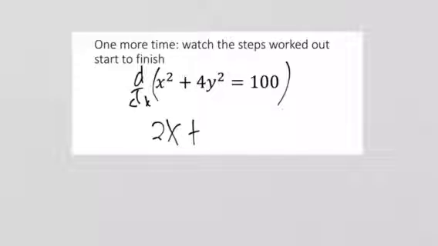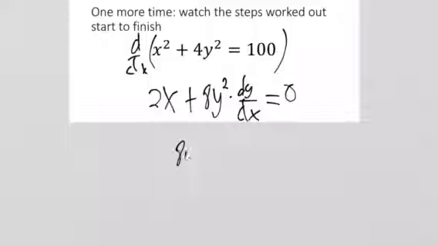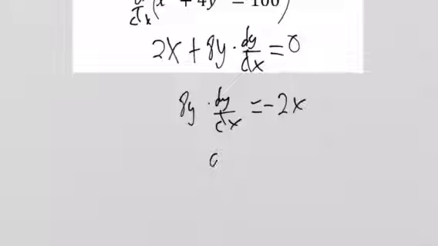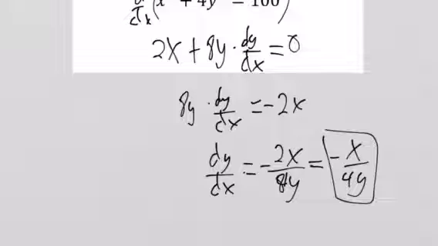The derivative of 4y squared is 8y times the derivative of y with respect to x by the chain rule, and that's equal to the derivative of 100, which is 0. Now, 8y times dy dx equals negative 2x. Okay, dy dx equals negative 2x over 8y, which equals negative x over 4y. That's our final derivative.